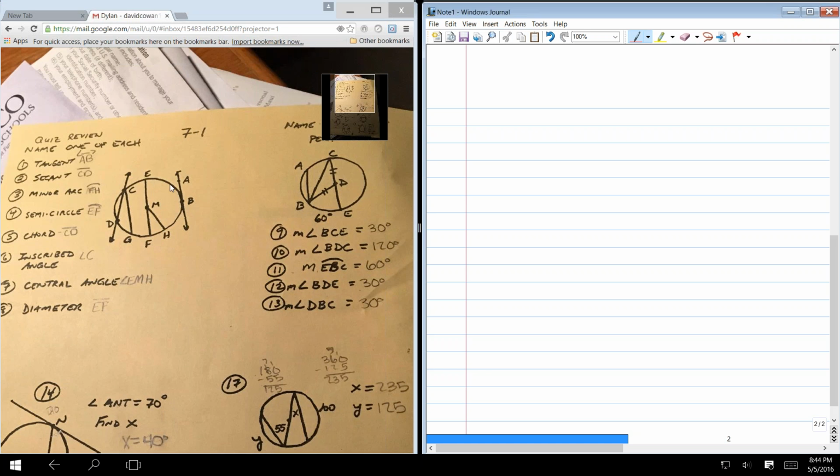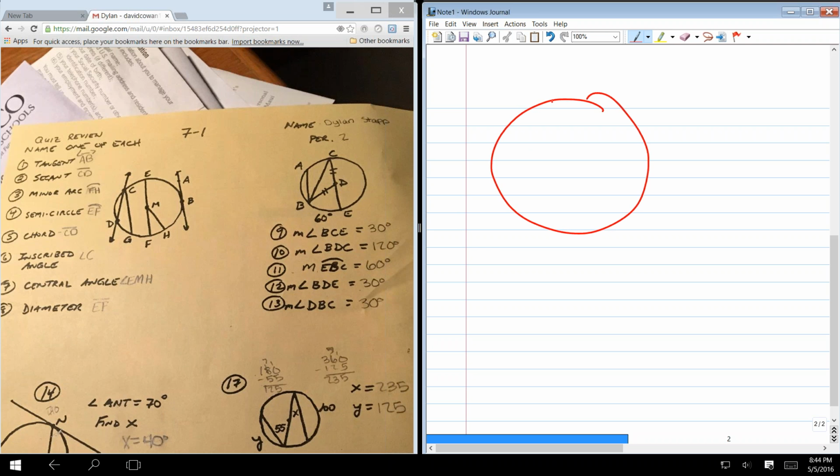I guess EBF might be enough, because EBF distinguishes it from the other way, which I suppose you could say EDF or even EGF. There's so many points on the circle, I'm not quite sure what the convention is. But when there are only three points on the circle, like the one I drew, then it's really important to use the third letter.